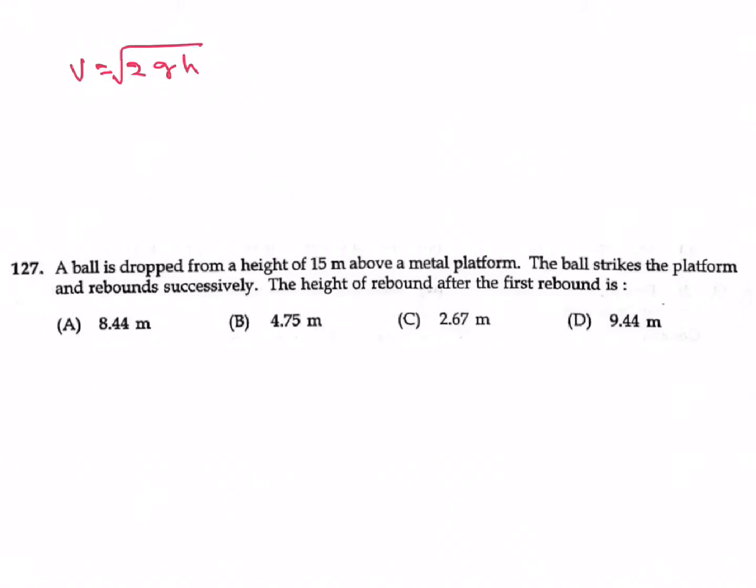H is 15 meter. Your velocity before striking you can calculate. Then e value not given in this question, or rebound height also not given. So here data inadequate, so no answer.